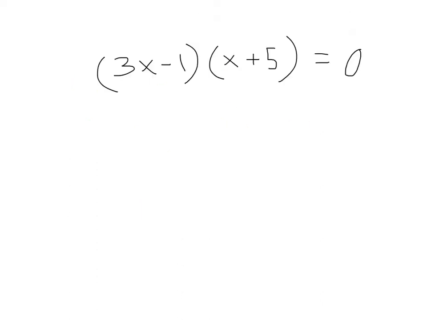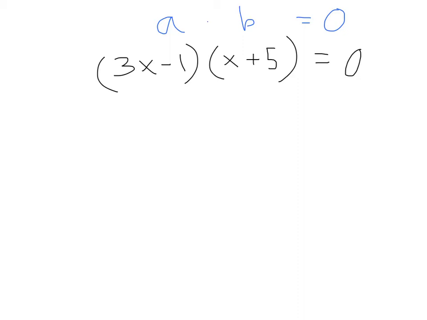So here is our first situation where we can really directly apply the zero product property. And if you think about it, it's kind of like we have our A and our B multiplying together to make 0. So A is this factor 3x minus 1, and B is x plus 5. Together they are being multiplied together.